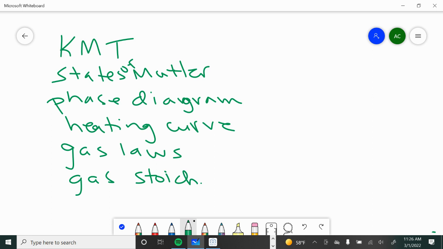The rest is just working out problems and being able to identify the parts of a phase diagram and a heating curve. And that's pretty much it. Oh, yeah, ideal gas. You need to know what an ideal gas is.